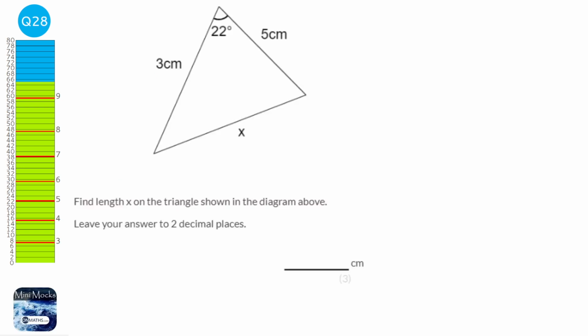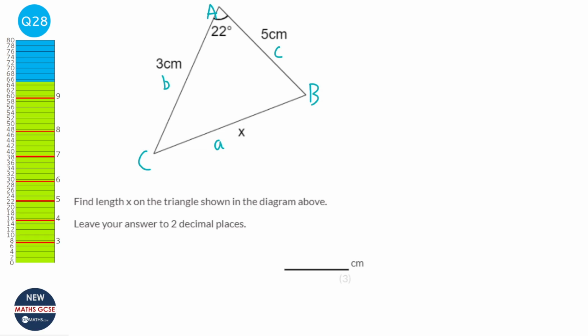I'm going to start off by labelling the triangle, and so we've got capital A here, capital B, capital C, and lowercase a, lowercase b, and lowercase c. It doesn't actually matter which way around B and C are, but capital A is always the angle that we're given. So we've got to work out whether we're using cosine rule, sine rule, or something else.